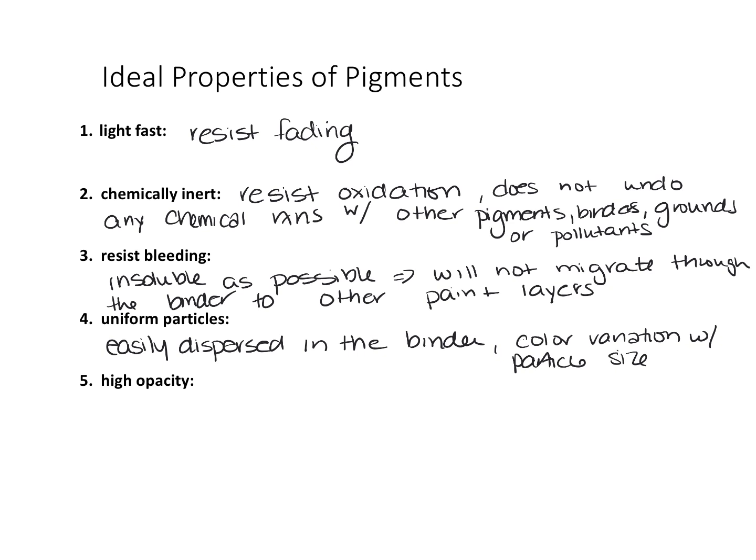And then you want it to have high opacity. And when we're talking about this, you want it to have high hiding power, right? So you want it to cover your surface well.